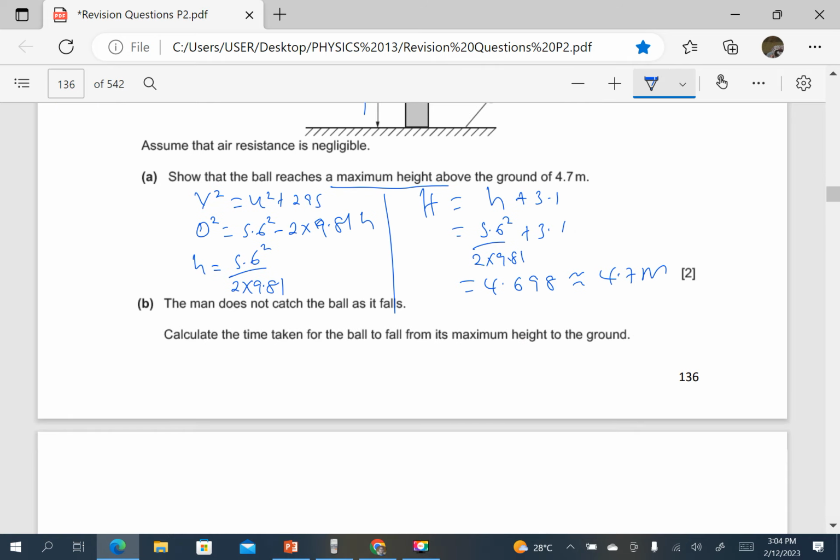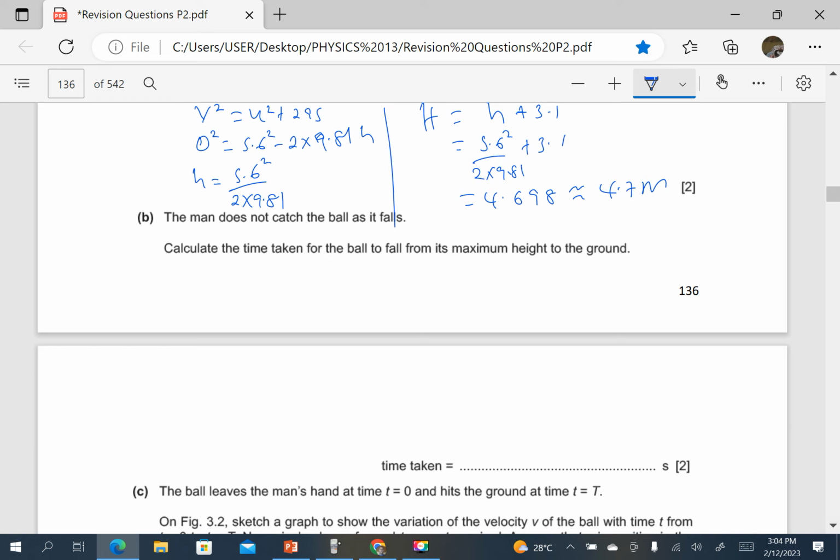Then the man does not catch the ball as it falls, meaning it comes back to the ground. Calculate the time taken for the ball to fall from its maximum height to the ground. So we can consider it when it is falling from the maximum height.